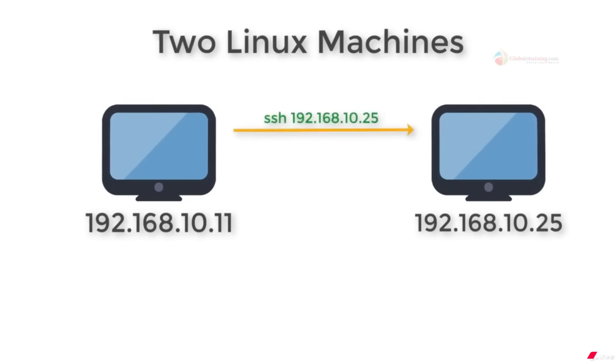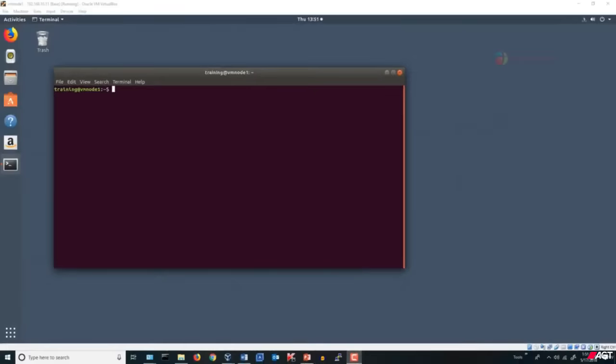And here we will display the GUIs from 192.168.10.25 on the 192.168.10.11 machine. Here is the desktop environment of the .11 node, which is our VM node 1.